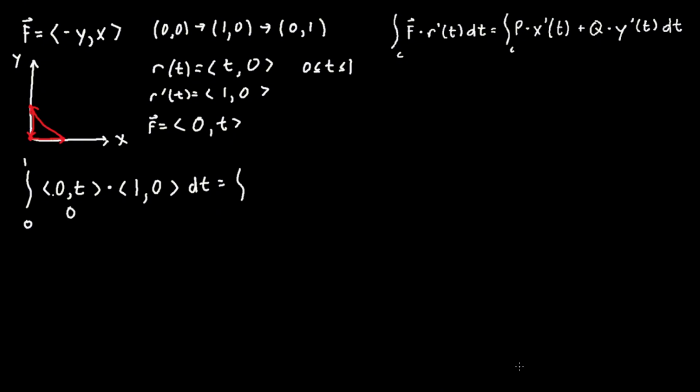This just multiplies: 0 times 1 is just 0, and t times 0 is just 0. So all this just turns into 0. Your line integral is just simply 0, just for this bottom line segment for now.